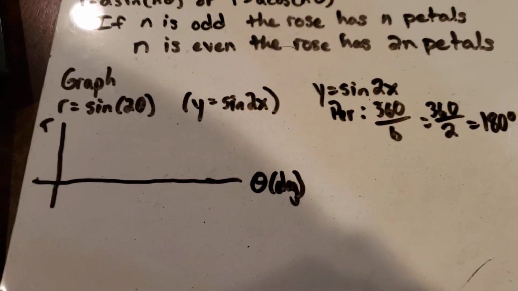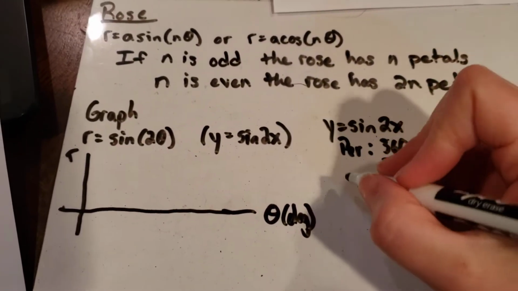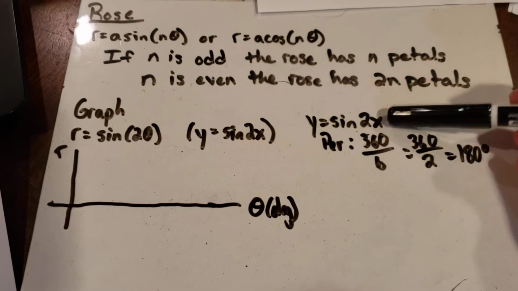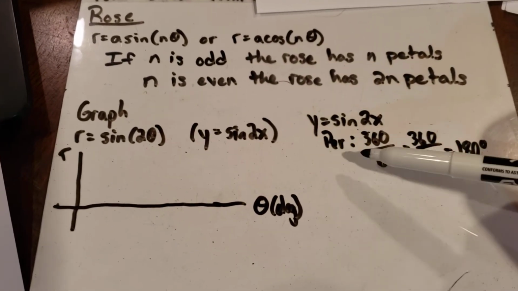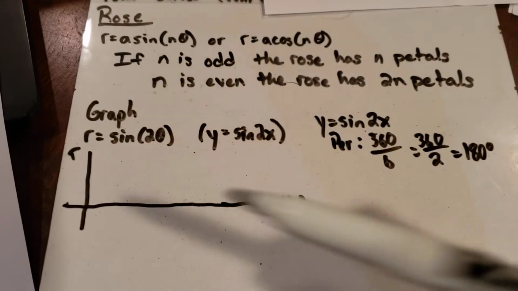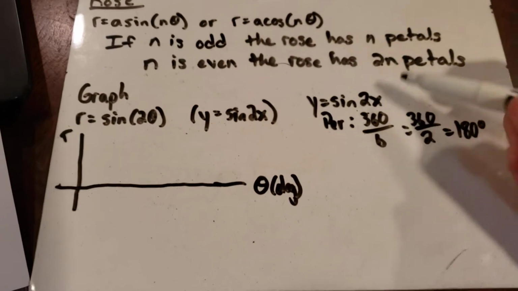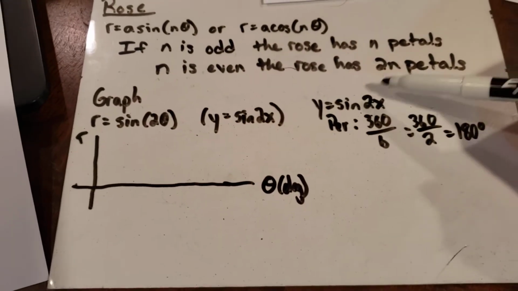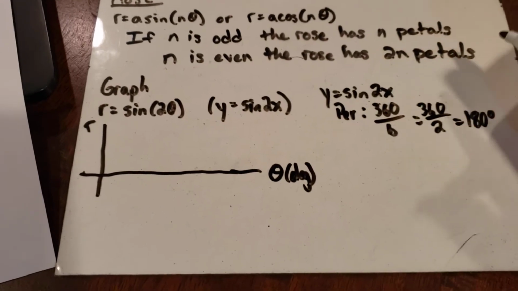Now, other points that I want to discuss right now are what is the maximum value that y can be, and what is the minimum value that y can be? Because what's going to tell us is what's the largest value r can reach, what's the smallest value r can reach. So if you think about this, this is saying we're going to multiply the angle by 2, and then we're going to take sine of it. And we're not going to do anything after that.